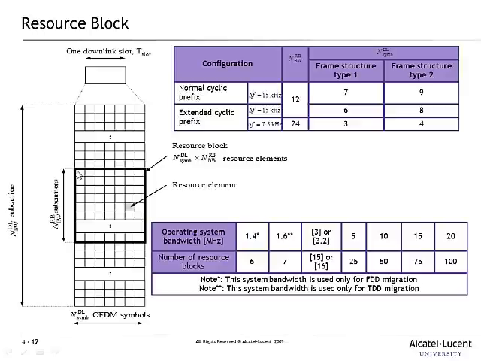Now the number of resource blocks you have for a particular operator depends on the kind of bandwidth they have. So an operator that has only 5 megahertz of bandwidth, if they're operating in FDD mode, for example, will have 25 resource blocks for the uplink and 25 resource blocks on the downlink.